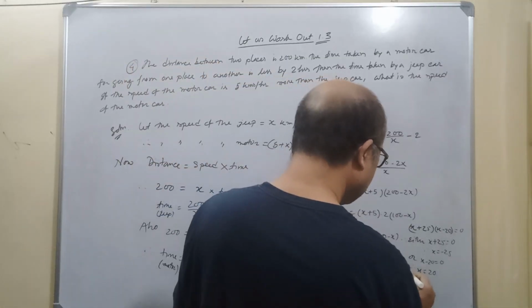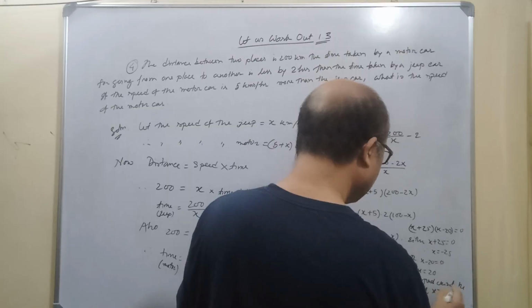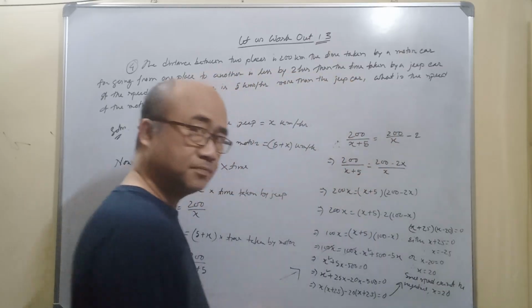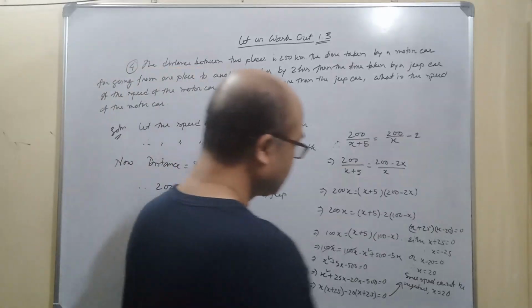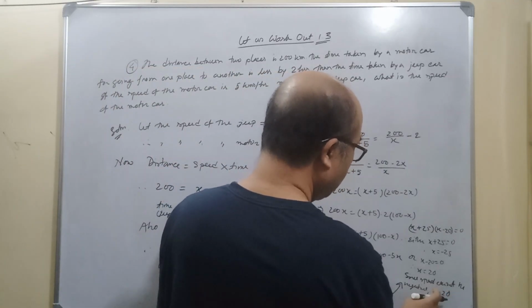Now we write, since speed cannot be negative, x equal to 20.